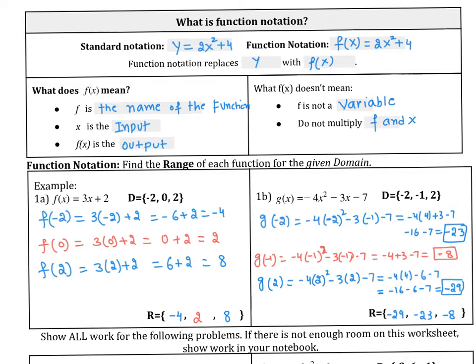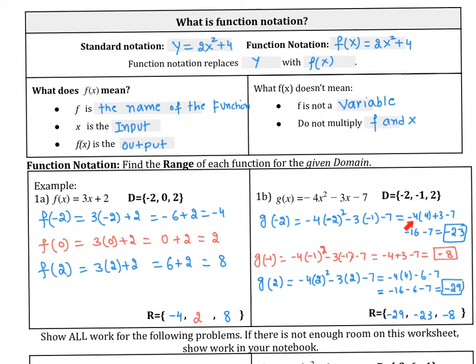So for 1b, you're going to find the outputs when the inputs, or domain, are -2, -1, and 2. So you're going to plug in the values one by one. So g of -2 is -4 times, since there is an x squared, the x value is -2. So -4 times (-2) squared minus 3 times (-2) minus 7.